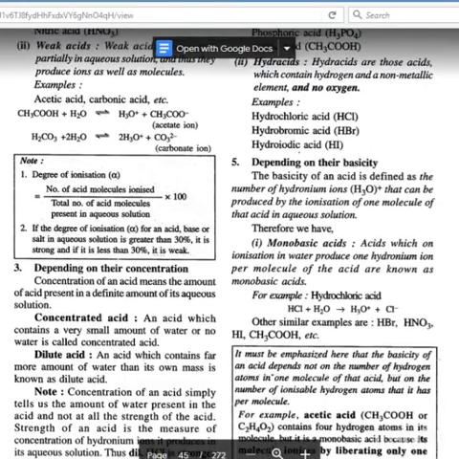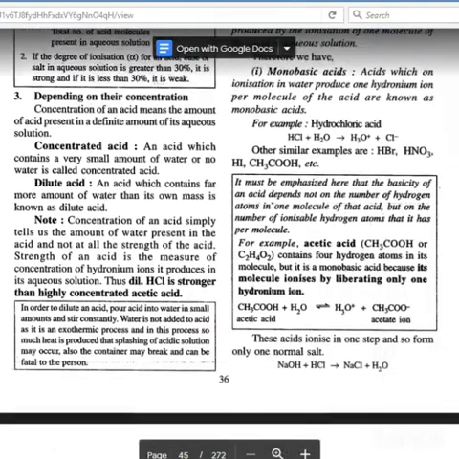Now the third classification is based on their concentration. Concentration means how much amount of acid is present in the aqueous solution. How much amount we are adding in an aqueous solution, that is the concentration.